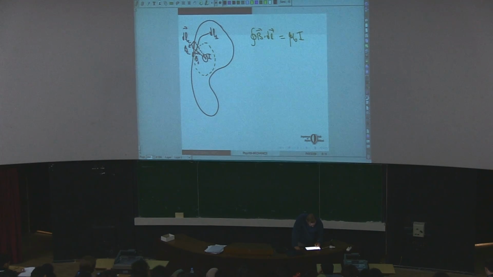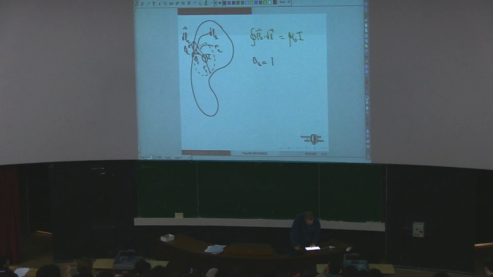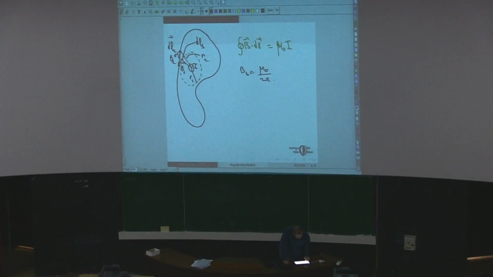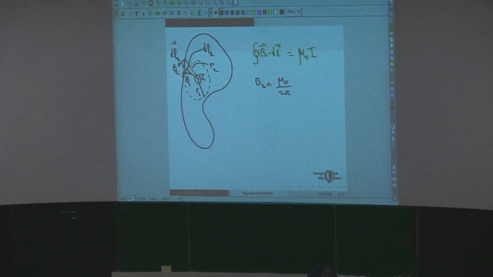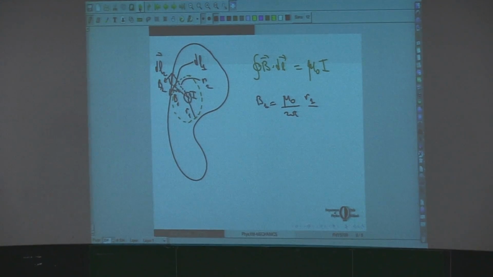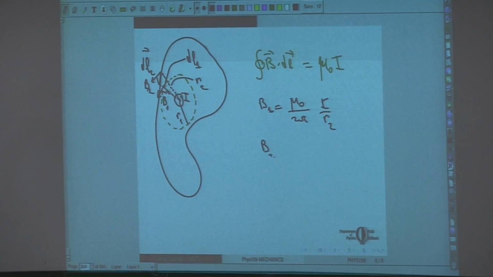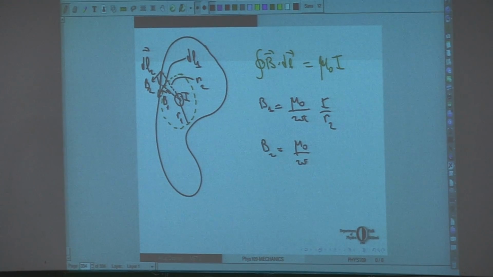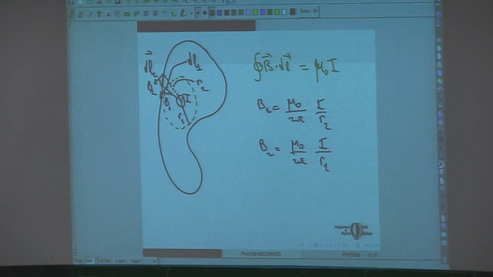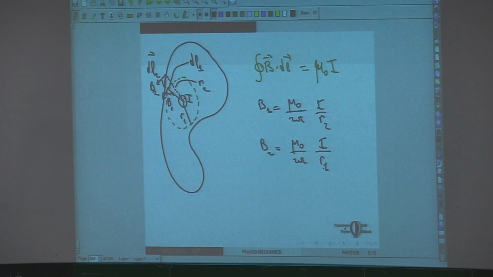Let's say that this distance is R1, this other distance is R2. Now B1 is mu0 over 2 pi I over R1. B2 is equal to mu0 over 2 pi I over R2.